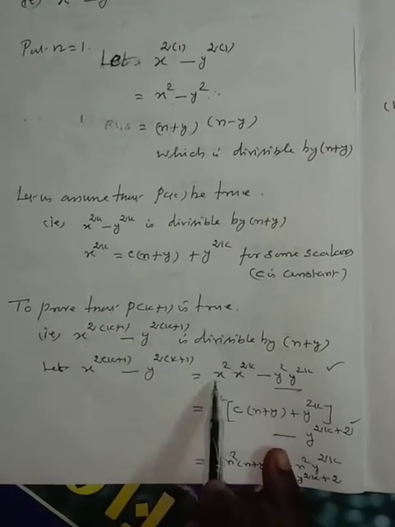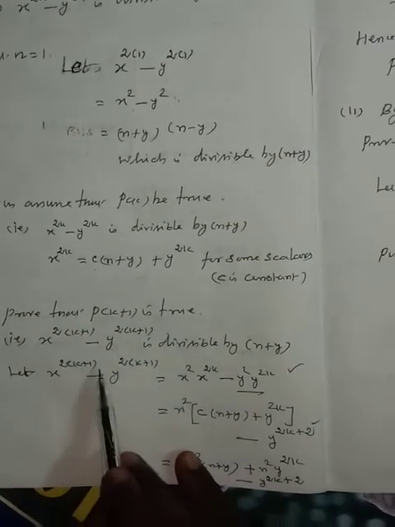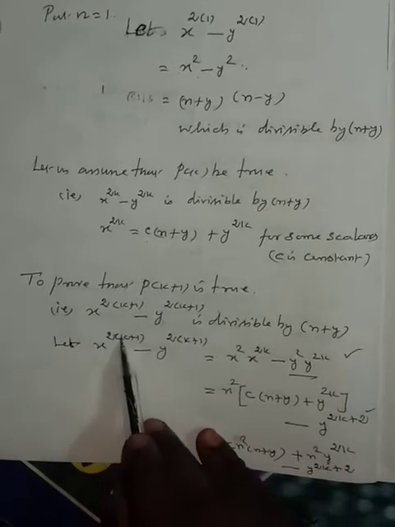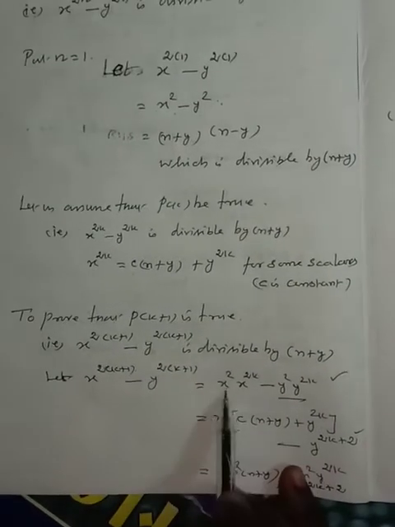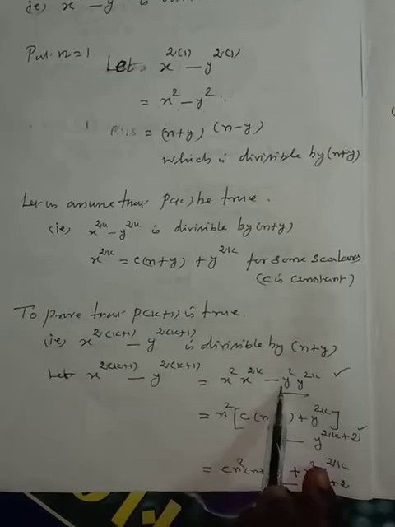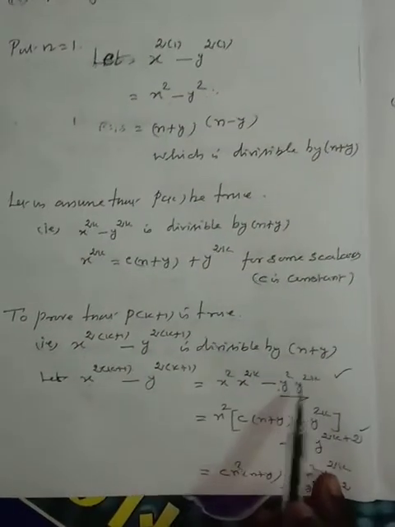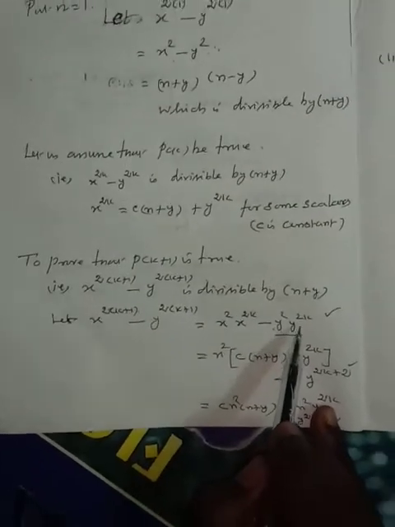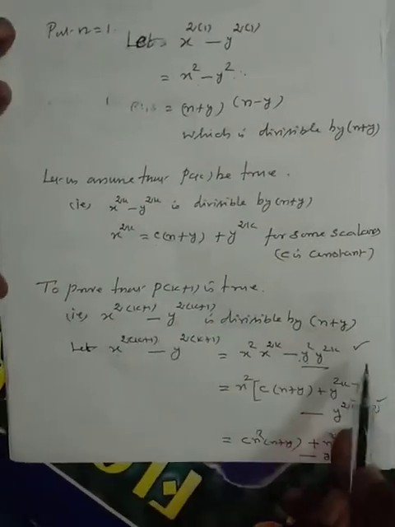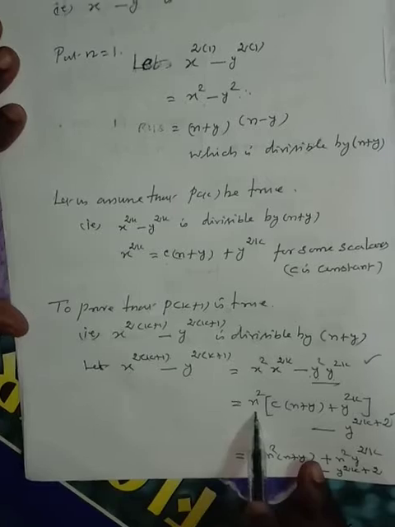This can be written as x^(2k) into x², that is x² into x^(2k), minus y^(2k) into y², that is y² into y^(2k). Now the common factor is x².